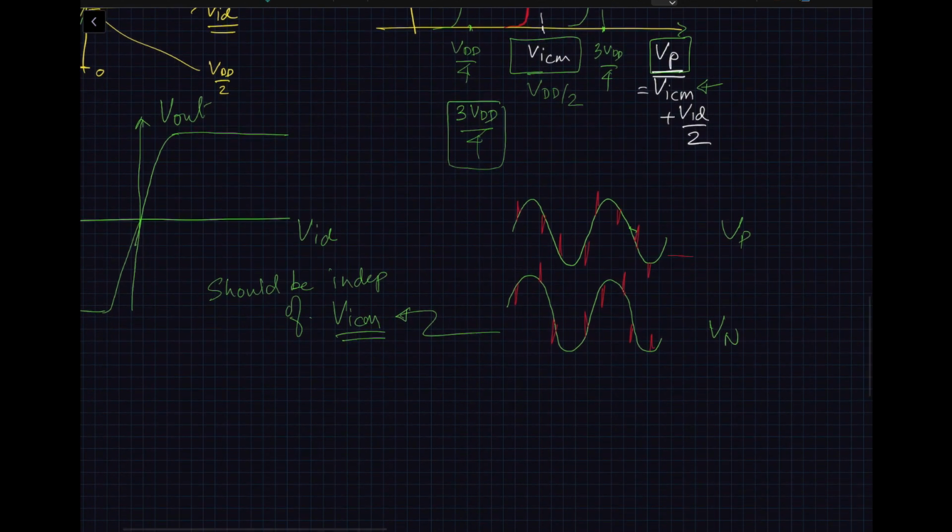So when we feed this into our op-amp based differential amplifier circuit, what we desire at the output would be something like this. I'm just going to draw it. You will see something that will go like this, something like this.